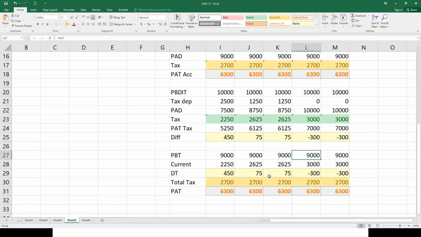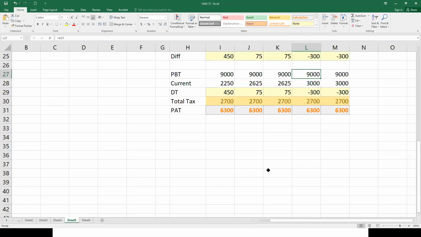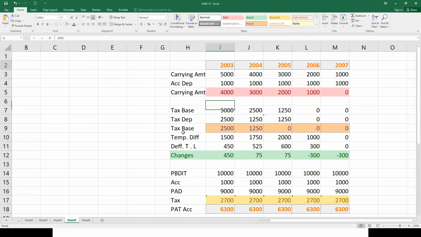So we will see how we pass the journal entries. Listen very carefully. First, we will pass the journal entry for 2003, for the current tax.